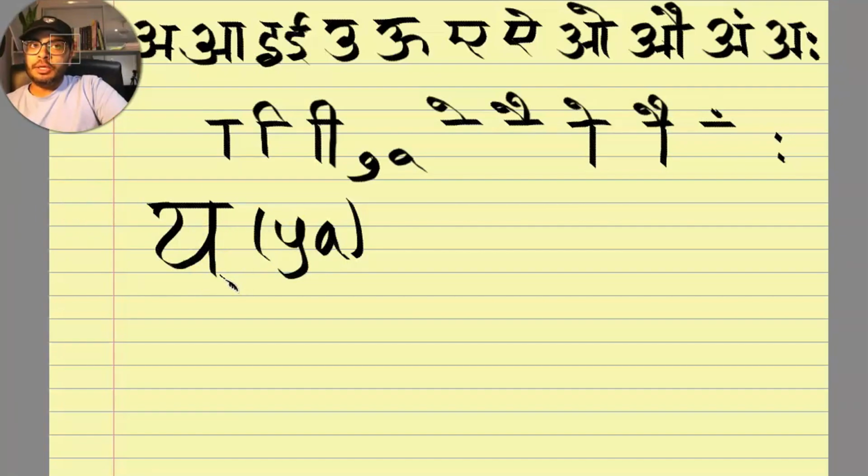In Nepali, a word that uses this sound would be something like yaha. Yaha means here. Now, mind it that ya, however it sounds like a vowel, is not a vowel. It's not a swar varna, it's a vyanjan varna. There's another letter wa, which also sounds like a vowel, but it's not.